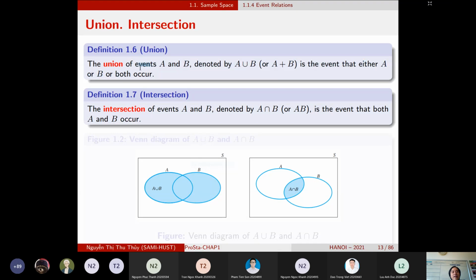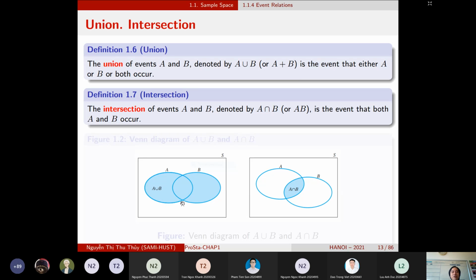The union of events A and B is also an event. The property of that event is that either A or B or both of them occur.